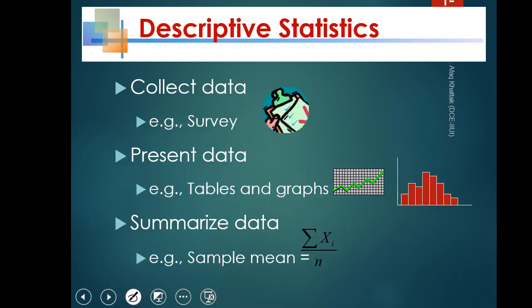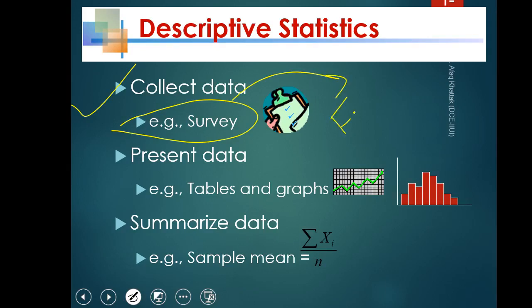Now, in descriptive statistics the steps are: we first collect the data, in the form of a survey, or we can perform some experiments to collect the data. Then after collection, we present it in the form of tables or graphs, which I have already discussed; there are different types of graphs, and we can use any of them depending upon the data type.